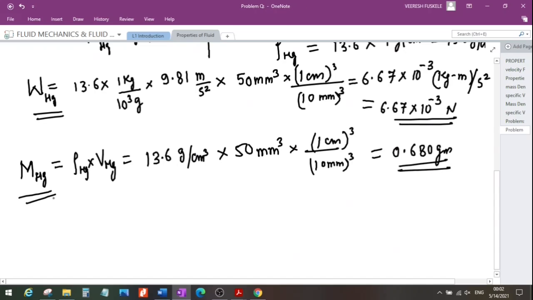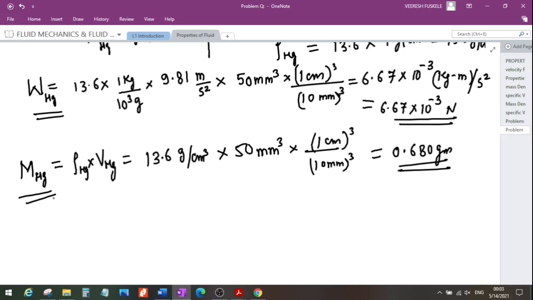So this is how you can solve these types of simple problems related to properties of fluid, like mass density, weight density, specific gravity, specific volume, right? Just notice the use of unit conversion factors. I hope you have studied this conversion and know how to convert the units.